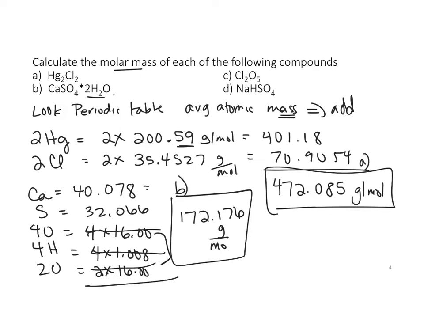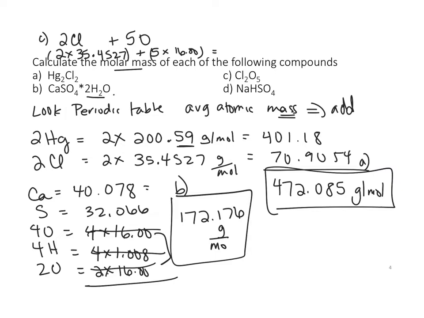This one's A. Okay, here we have C. We have 2 chlorine plus 5 oxygen. So 2 times chlorine is 35.4527, and oxygen is 5 times 16.